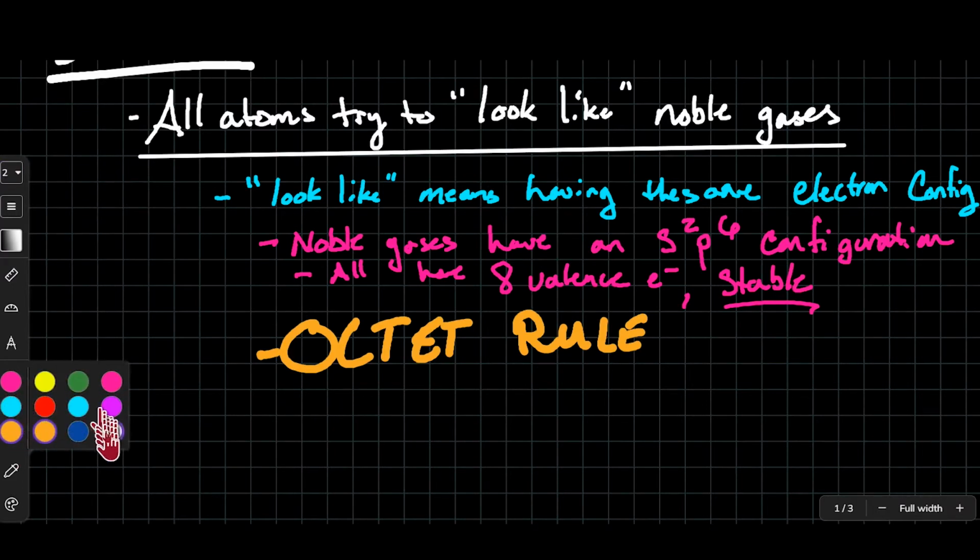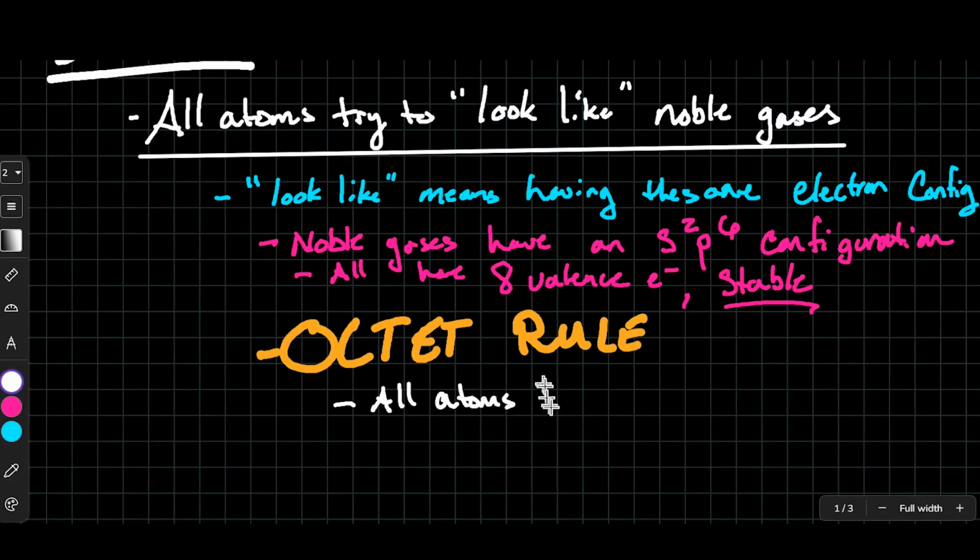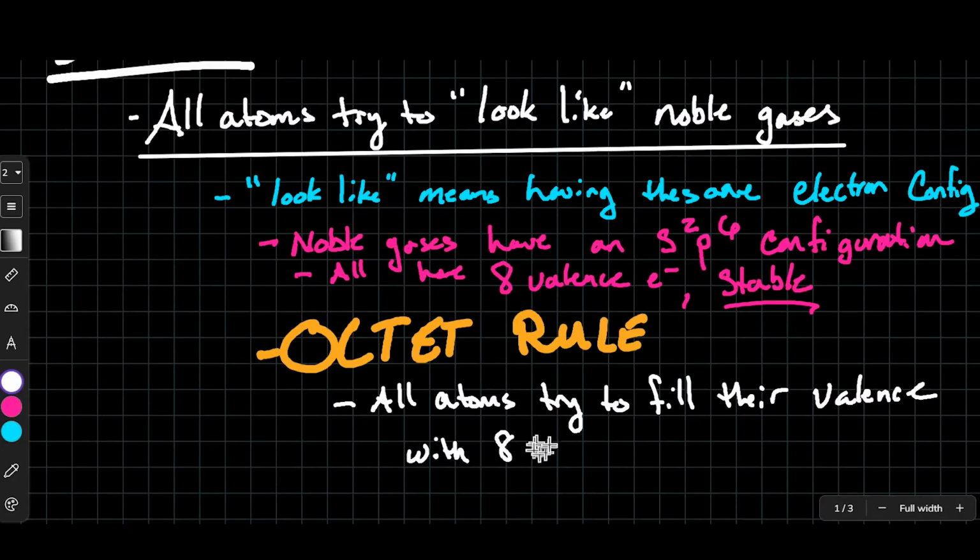All atoms try to fill their valence with 8 electrons.